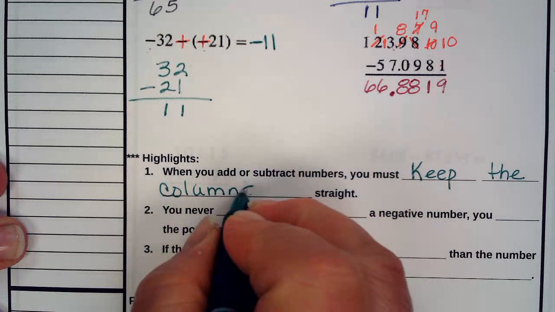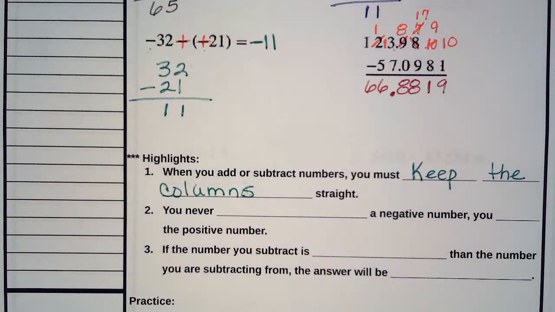Keep the columns straight. Okay, that's the first thing. These are the highlights. These are the important things. When you add or subtract, keep those columns straight.